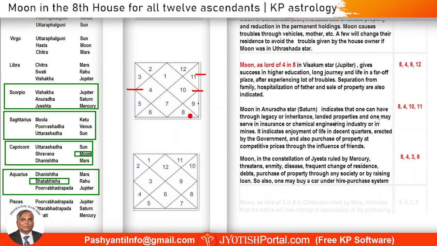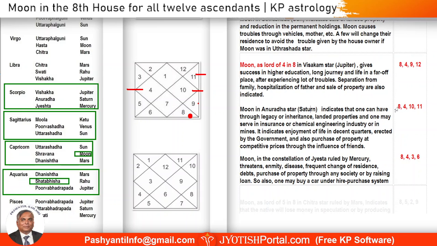Now, some of the things come from the Karak attributes and also the house. If you take this example, it says one may serve in insurance or chemical engineering industry. The chemical engineering comes from the combination of Moon and Saturn, but the insurance comes from the eighth house.